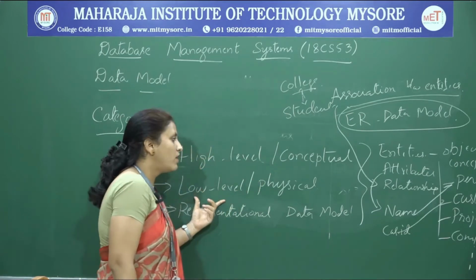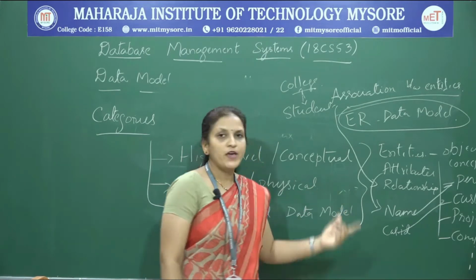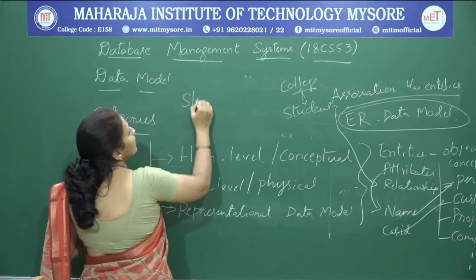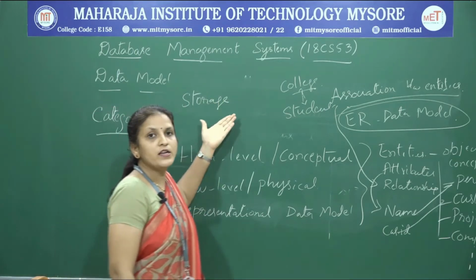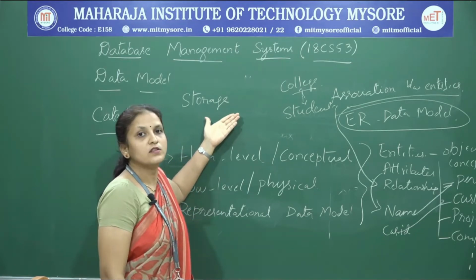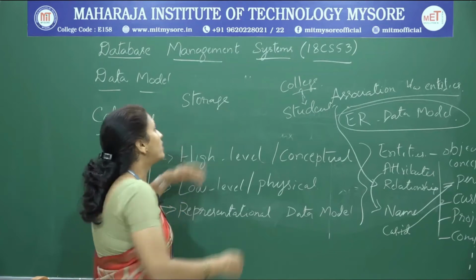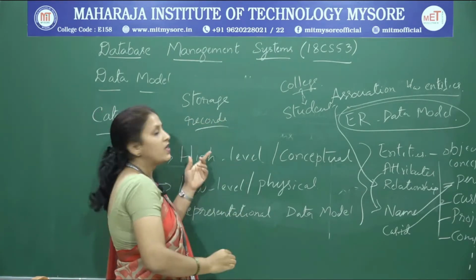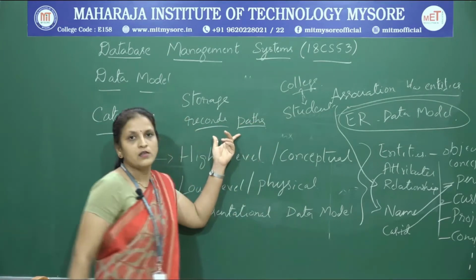Next comes the low level or physical data model, wherein more detail is given about the storage of the database, how exactly the data is stored in the computer, in the main memory or secondary memory, what are the records that are used, type of records and paths that are used.